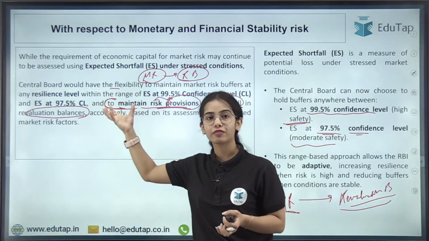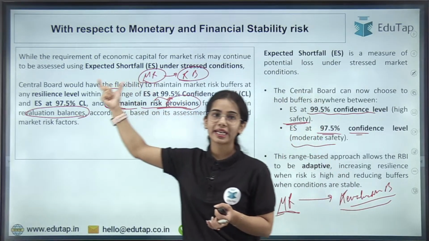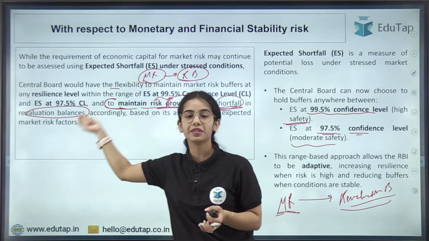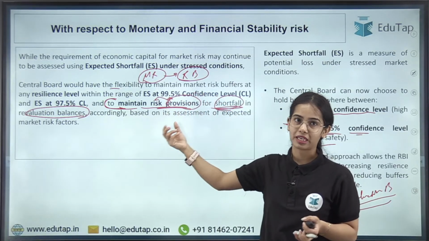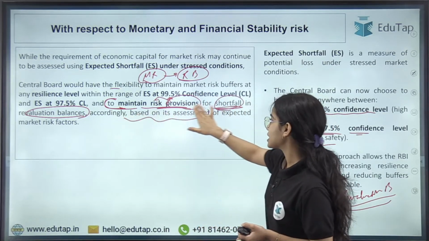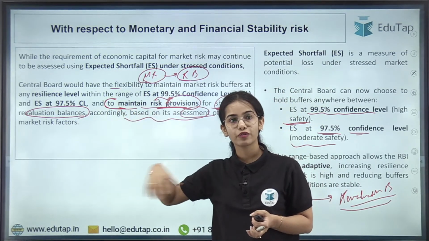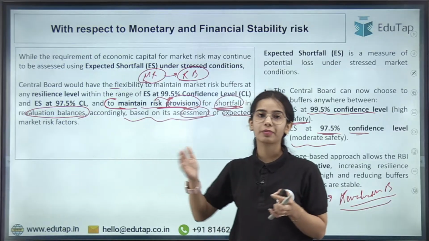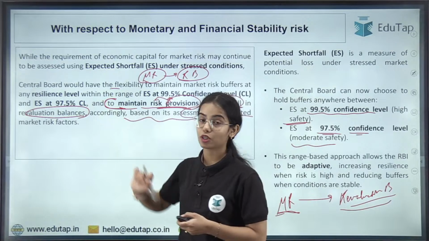So RBI will have the flexibility that at 99.5% of the confidence level or at 97.5% of the confidence level, the RBI will be able to maintain the provisions for the shortfall in the revaluation balances. Accordingly, based on its assessment of the expected market risk factors for the future risk, the RBI can maintain enough provisions in the revaluation balances as per the confidence level.